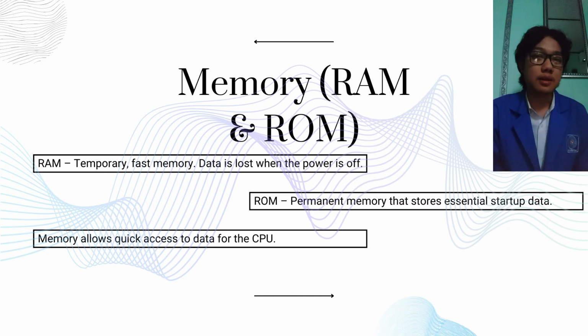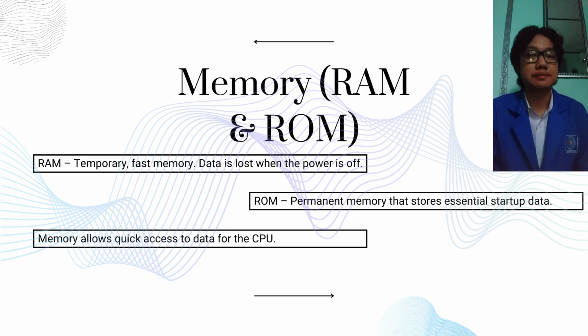Meanwhile, ROM or read-only memory stores permanent data that the computer needs to start up. So, RAM is like short-term memory while ROM is like long-term memory.